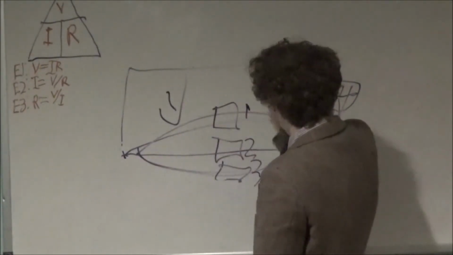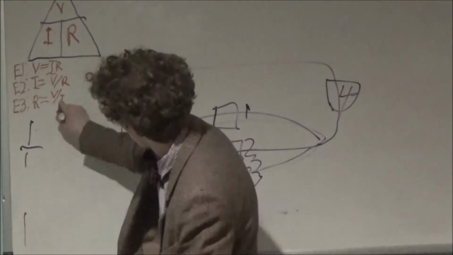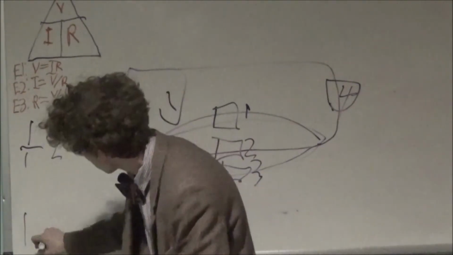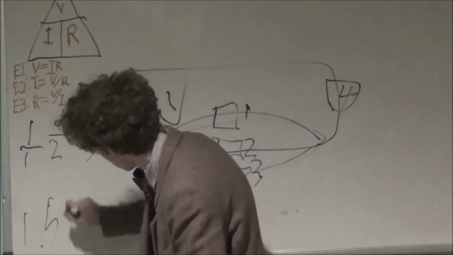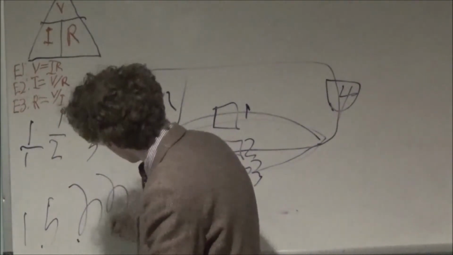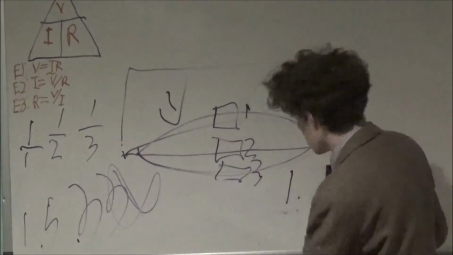So, 1 divided by 1 equals 1. 1 divided by 2 equals 0.5. And 1 divided by 3 equals 0.33 repeating. Put this together, we get 1.83.